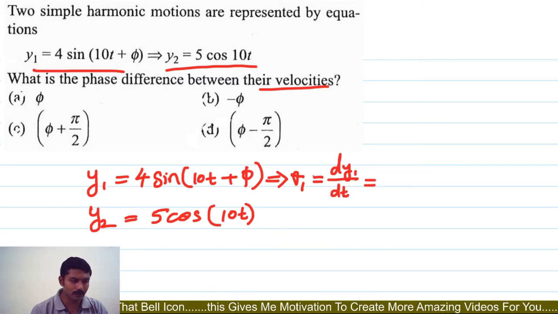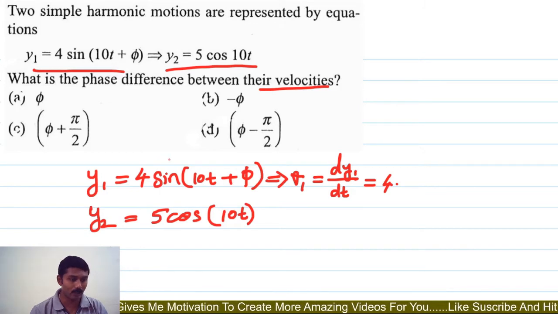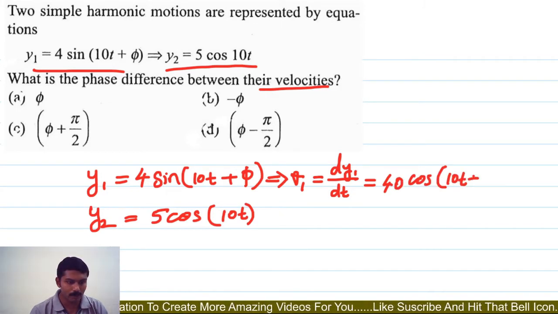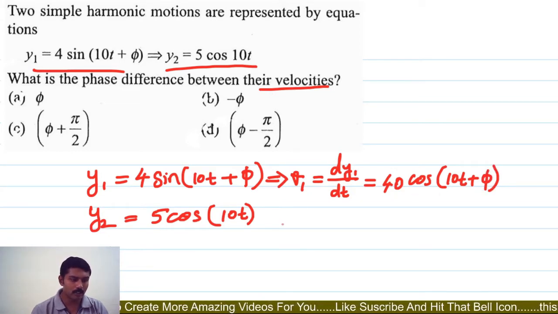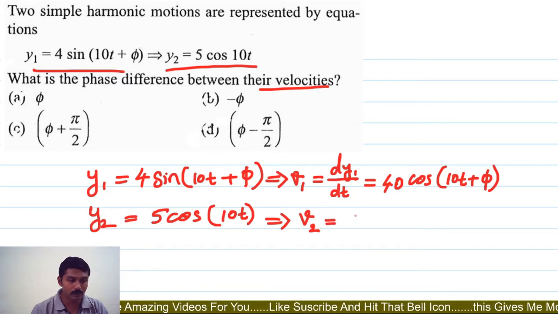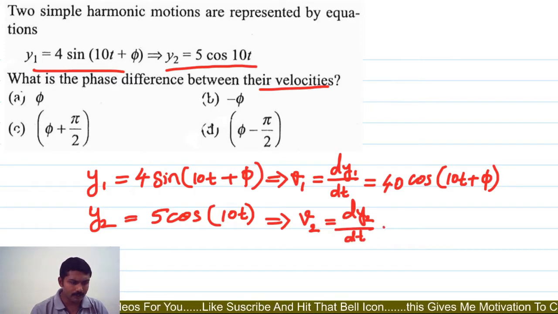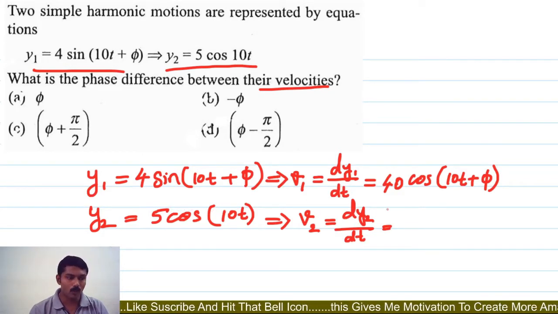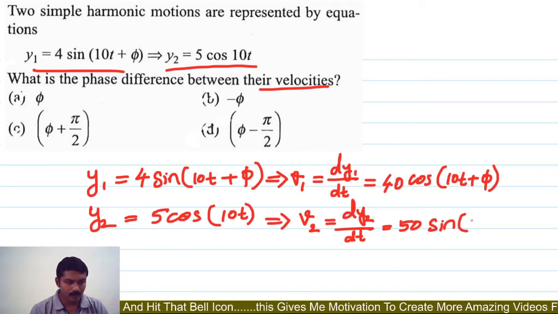Differentiating 4 sin(10t + 5) with respect to time, the 10 comes out, and you get 40 cos(10t + 5). Similarly, for the second particle, V2 = dy2/dt, when you differentiate, the 10 goes out, giving you minus 50 sin(10t).